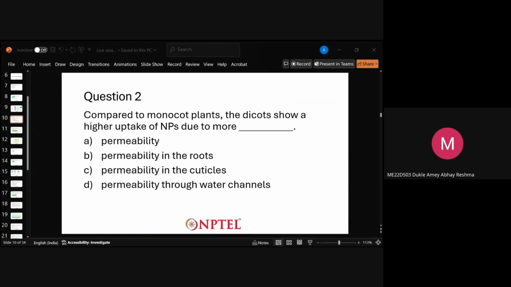My job is to help you solve your assignments and all those things. With respect to your course conduction, I don't have any authority. That authority lies with IIT Kanpur. We are delegated to just help you with the assignment solving.